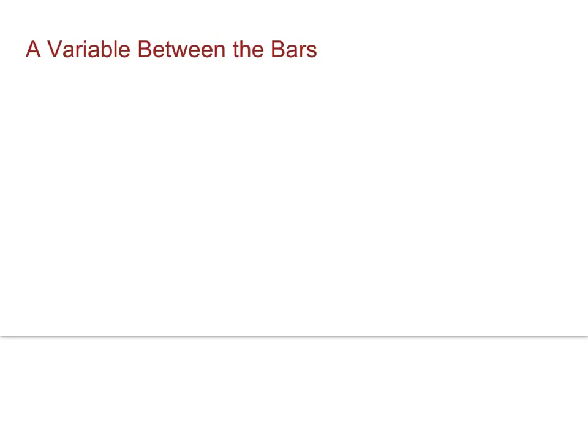So the basic absolute value equation, I like to call a variable between the bars. And those equations look something like this. We have the absolute value expression, something like the absolute value of x, and it equals a number like 10.